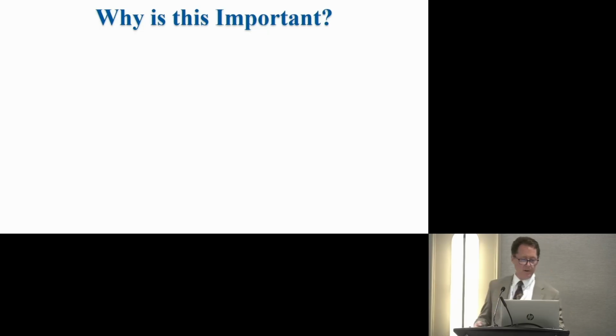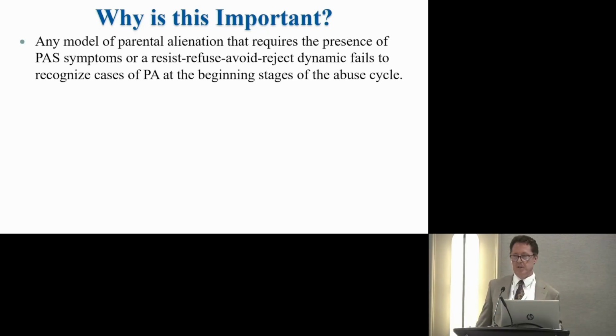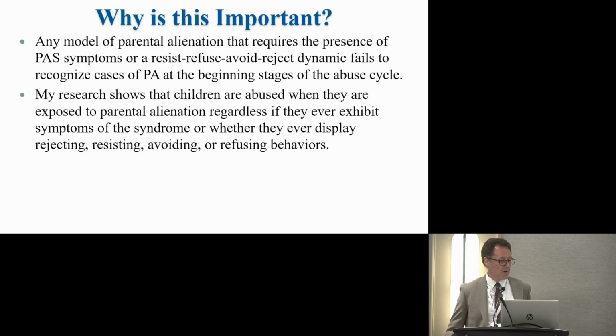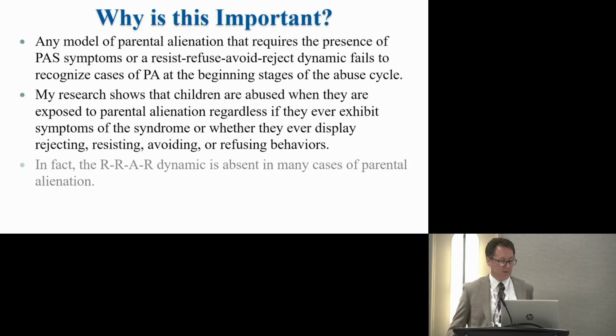Why is this important? Any model of parental alienation that requires the presence of symptoms of parental alienation syndrome or a resist, refuse, avoid, reject dynamic fails to recognize cases of parental alienation at the beginning stages of the abuse cycle. My research that I'm sharing with you today shows that children are abused when they are exposed to parental alienation, regardless if they ever exhibit symptoms of the syndrome, or whether they ever display rejecting, resisting, avoiding, or refusing behaviors.